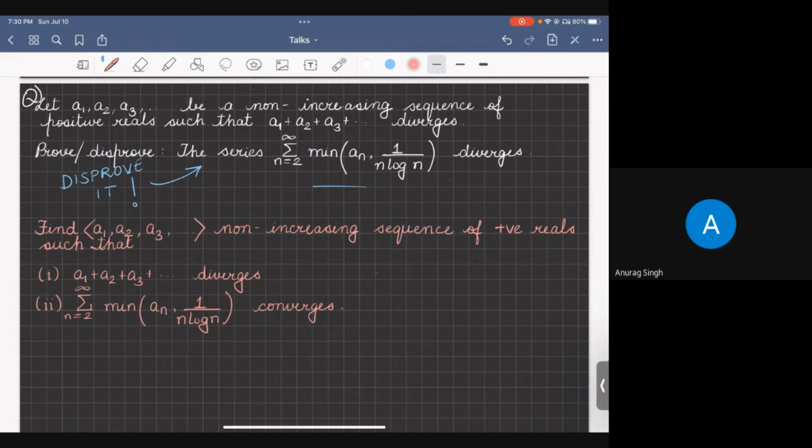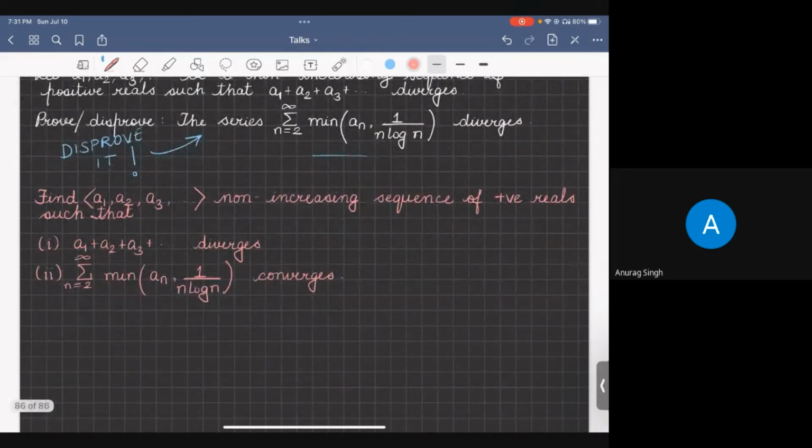But then maybe whenever the min is actually 1 over n log n, an is large enough so that a1 plus a2 plus a3 etc. diverges. It's not very formal, but just think about it more. Yeah, if it wasn't positive, then sure. But unfortunately, it is positive.